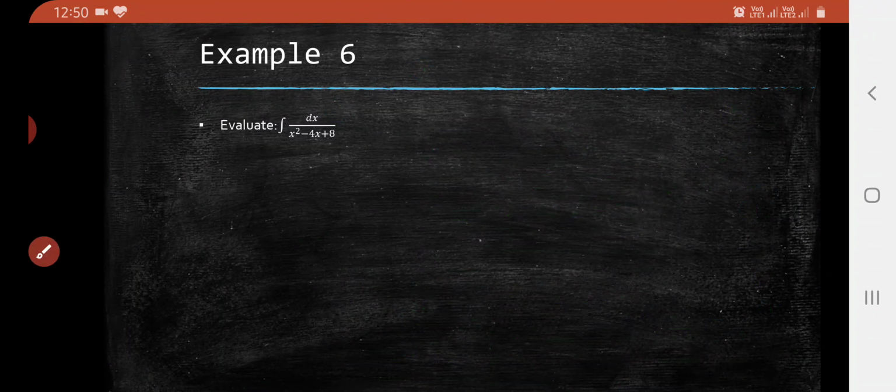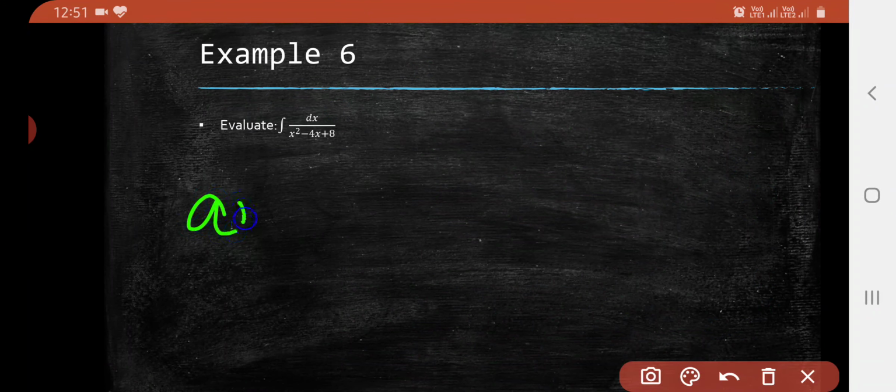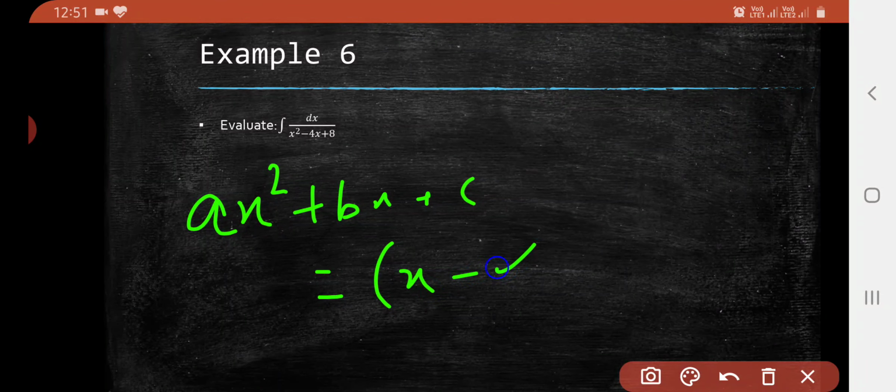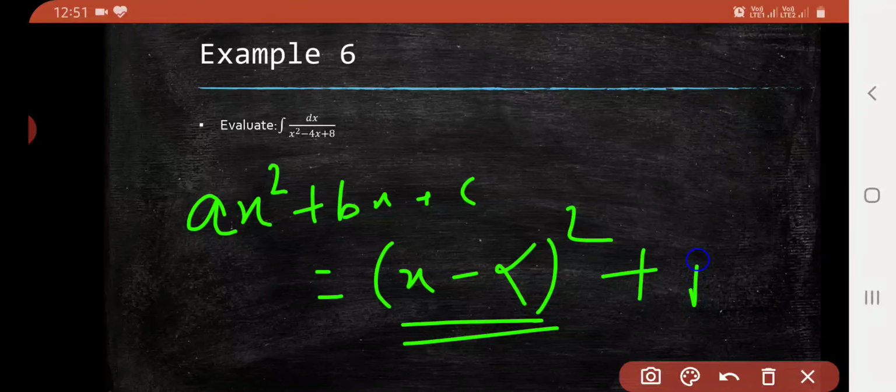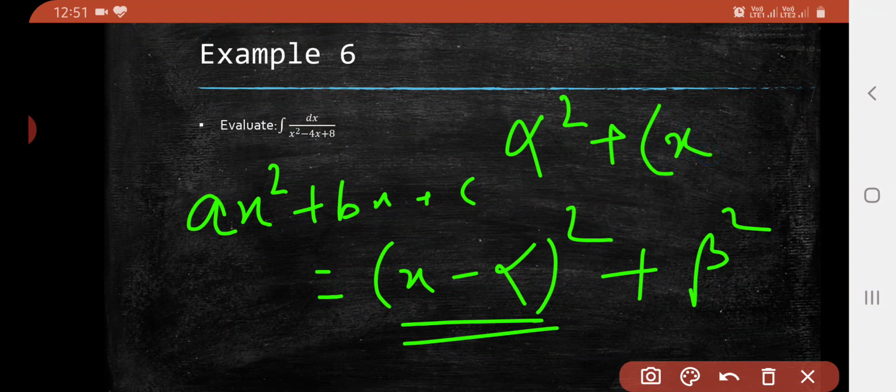Now my first job will be to write ax square plus bx plus c as a whole square term, x minus alpha whole square, plus some constant square. So we have to represent it in this form. Or it can be written in the other way also, alpha square plus x minus beta square, or alpha square plus minus.